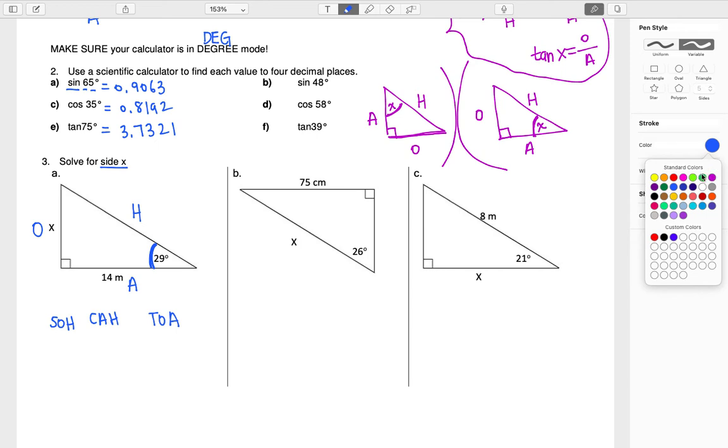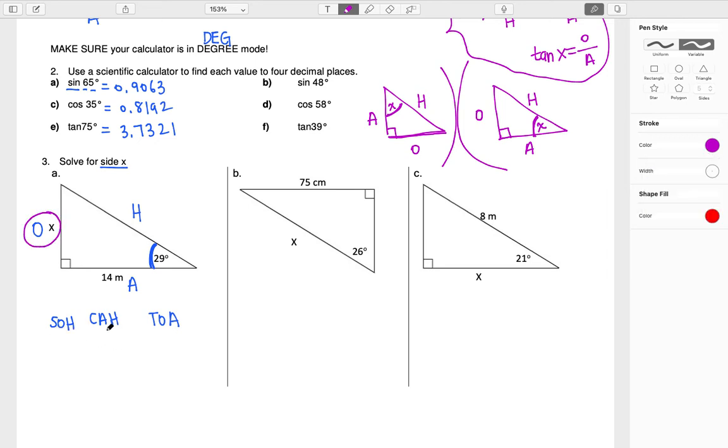Now, through process of elimination, we are looking for O, X. So which formula contains O? So and Toa. So Ka is out of the picture because it does not have what we're looking for. Next, look at what we're given.